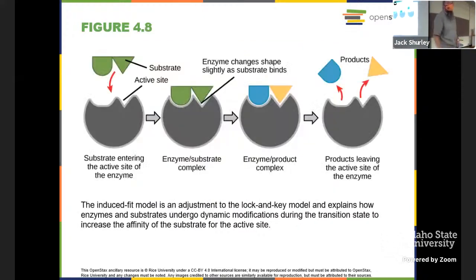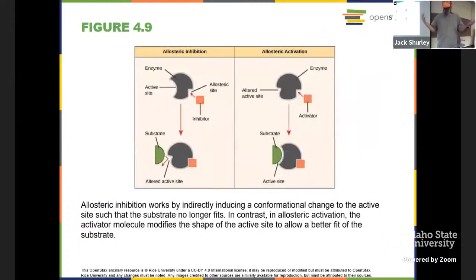Let me back it up. The active site right here is where those substrates, the green guys, come in and link up. So the active site is available, the substrates come in and we do something. We can inhibit or activate these reactions allosterically by stimulating this enzyme at a different region.